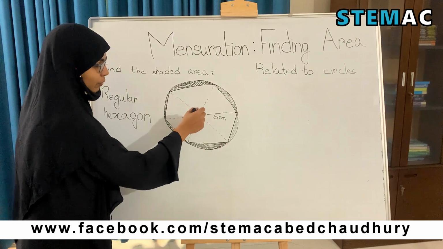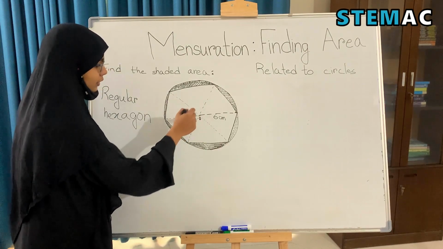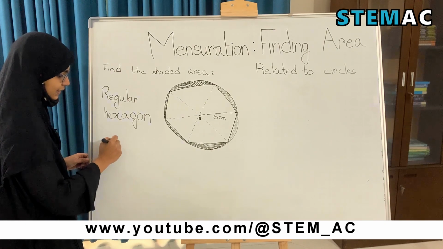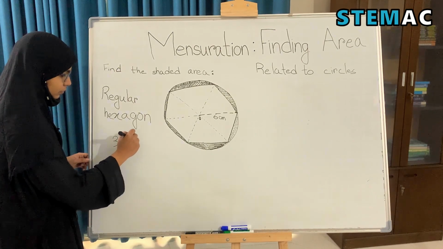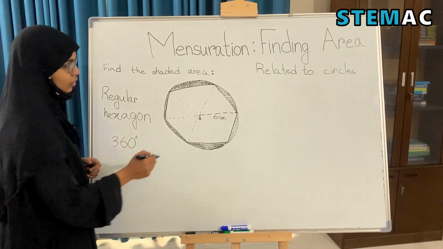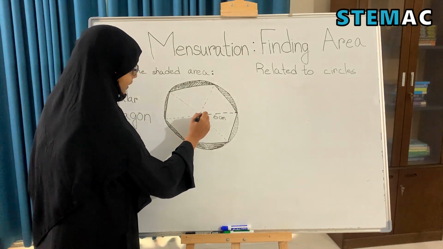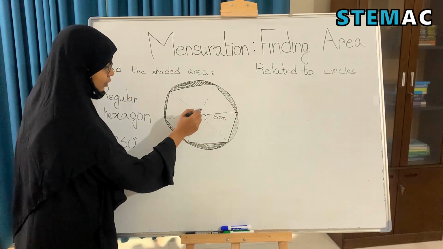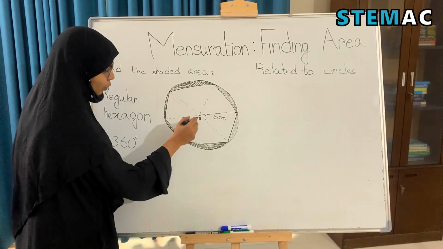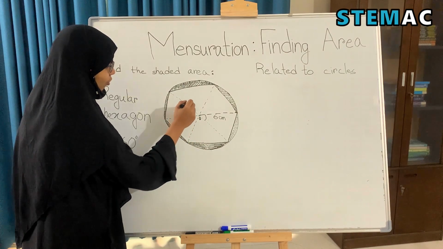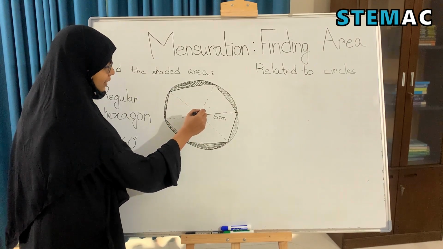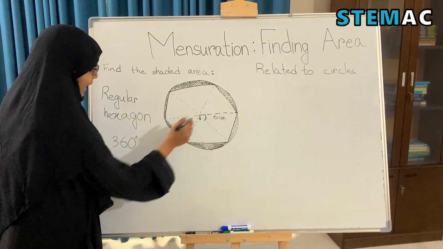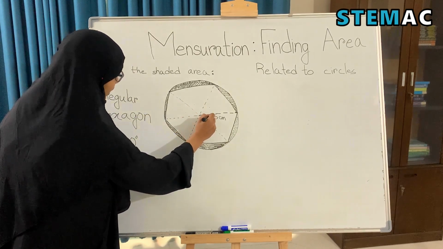We know that the complete angle is 360 degree. So as this angle is 1/6 of the whole angle, 1 2 3 4 5 6, this angle is, let's say, theta.